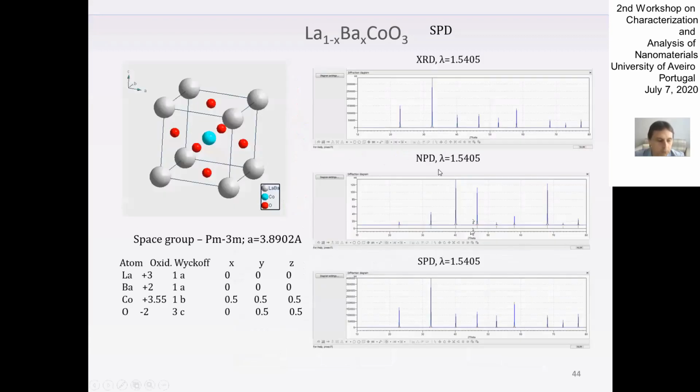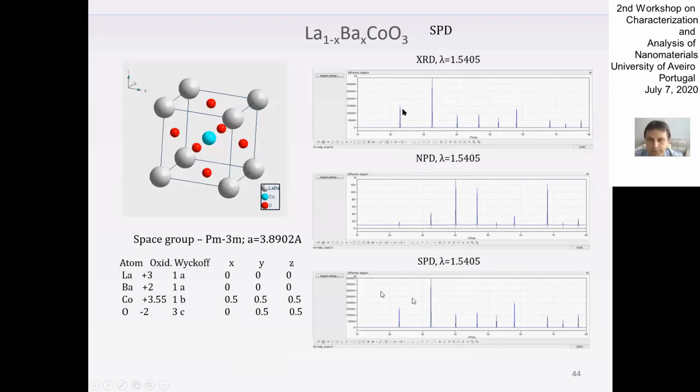So just the simulation. I guess I still have a few minutes. I made a simulation of the diffraction spectrum for X-rays with copper wavelength, copper anode, for neutrons with similar wavelengths, and for synchrotron radiation.